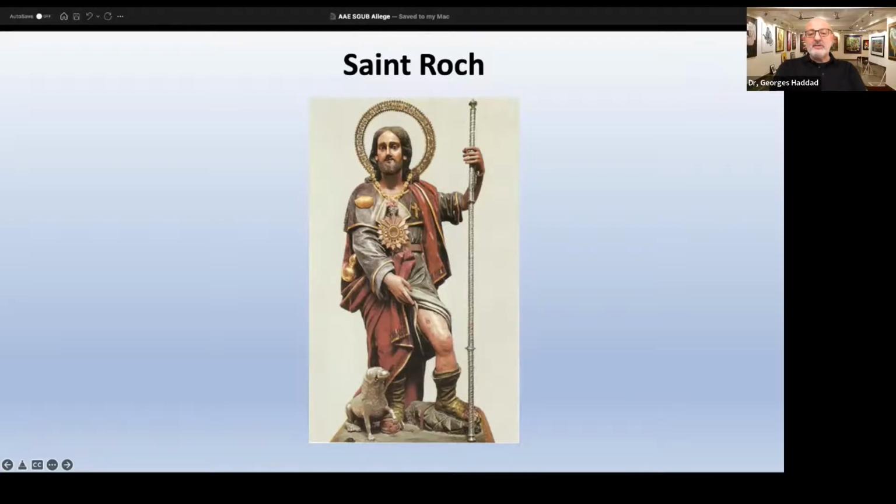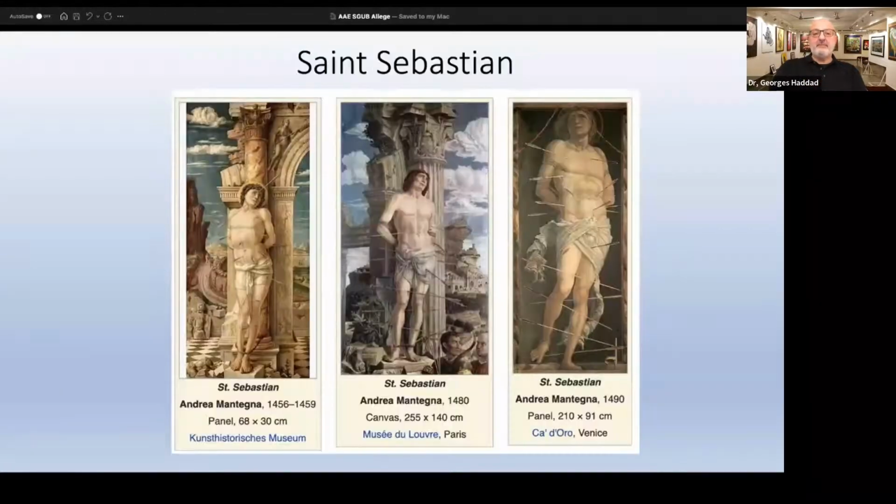And there's always a dog with him, because when he fell to the plague, people stayed away from him. And the only reason he was able to survive is because a dog would bring food for him every day. So when you see a saint with a bubo on his leg, accompanied by a dog, you know that he is there to protect people from bubonic plague.